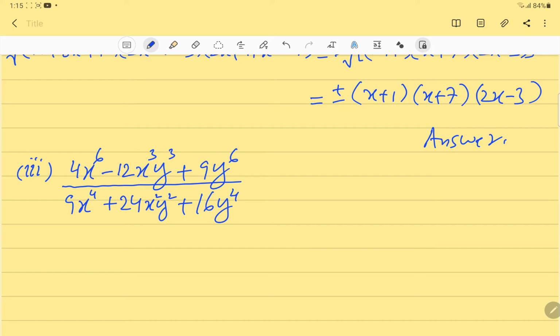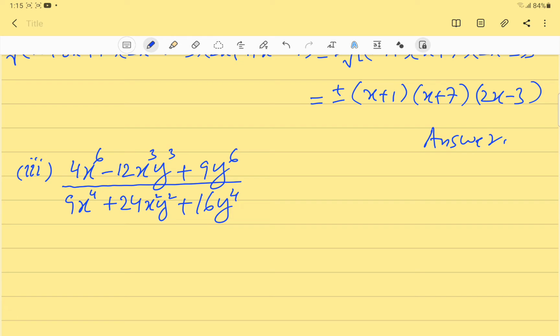If we look at this fraction carefully, we will find out that the numerator and the denominator both are complete squares. Now they are complete squares of what? Of which type of formula? We will write it here.